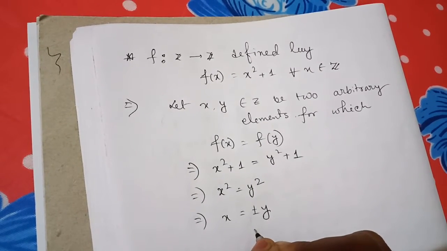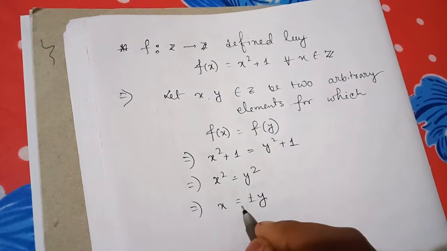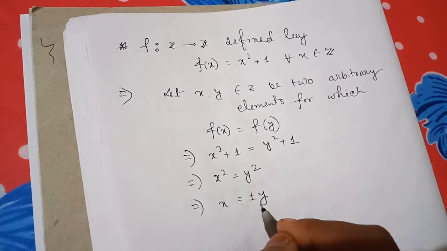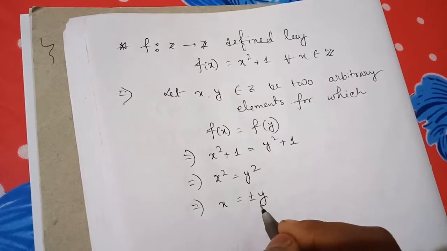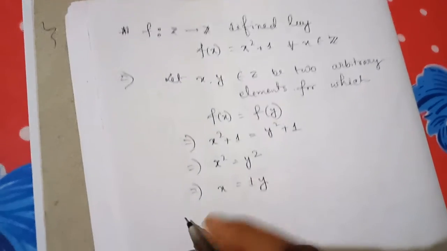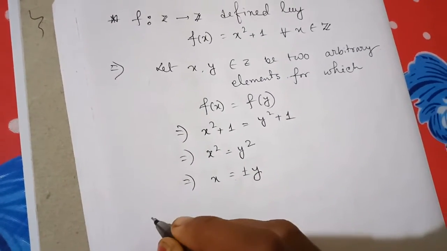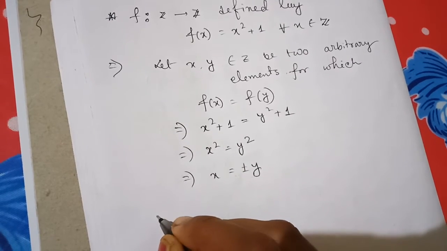That means it's not unique, right? We must have x equals y only. Then we can say that the function is one-one. So here we are not getting a unique solution. Therefore we will write the answer like this.